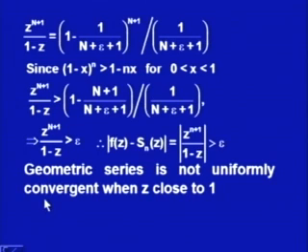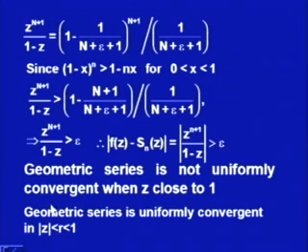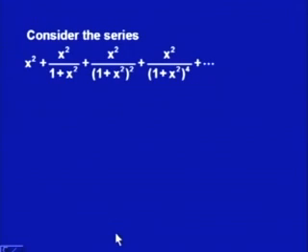So, it is not uniformly convergent. However, by the earlier theorem, the geometric series is uniformly convergent in |z| ≤ r. There exists some r in which the series is uniformly convergent, but not throughout |z| < 1.